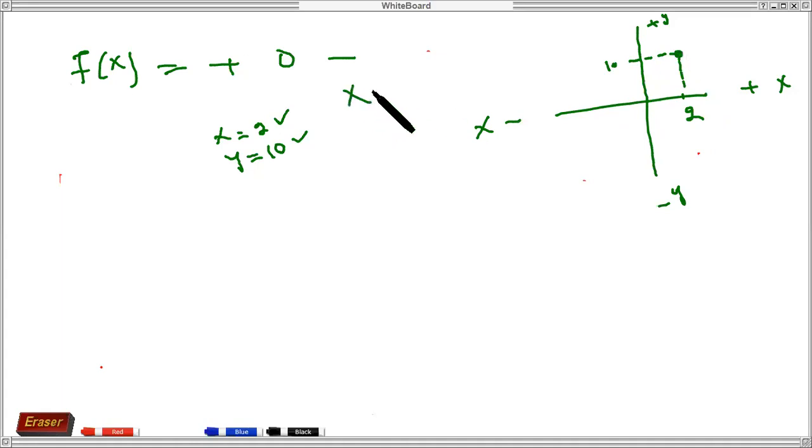If you give, let's suppose, x is equal to 4 and y is 20, so x is 4 here, y is 20 here. If you join these points, both points are here. Same if you give minus 5 value, there will be one result like 15 or any other value.